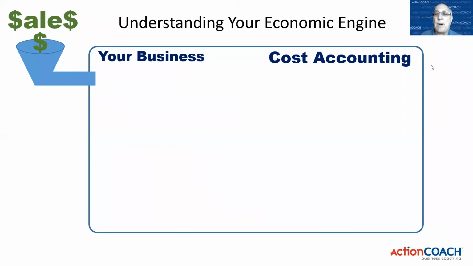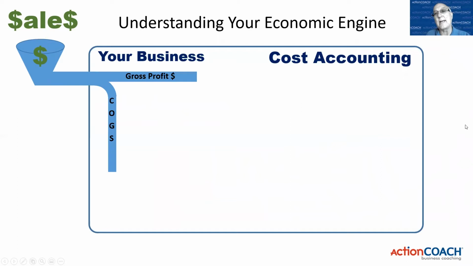All right. So the box represents your business, and reaching out into the world in which your business sits is your sales funnel. And your sales funnel brings in business, and let's say you sell a product. The money that comes in from that sale comes into your business, and it splits into two parts. And you'll see these on your profit and loss statement or your income statement.